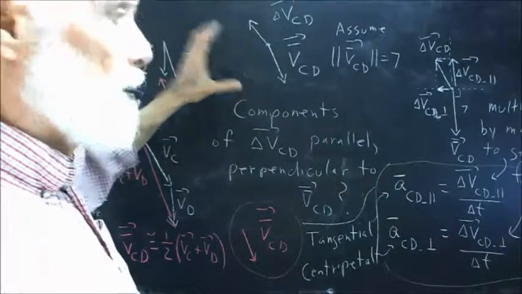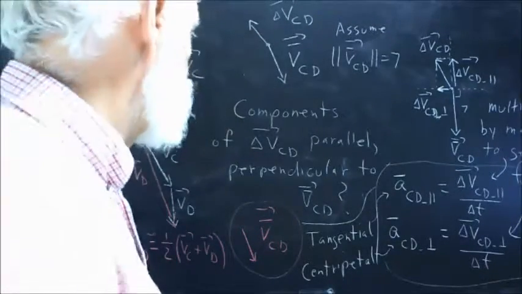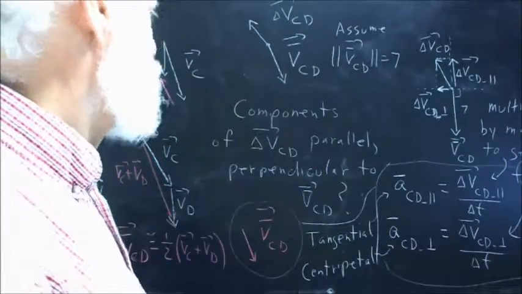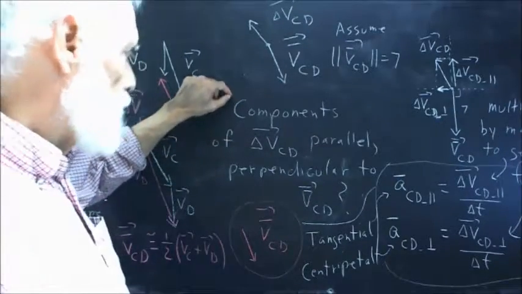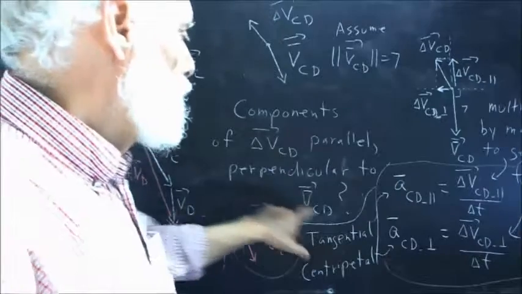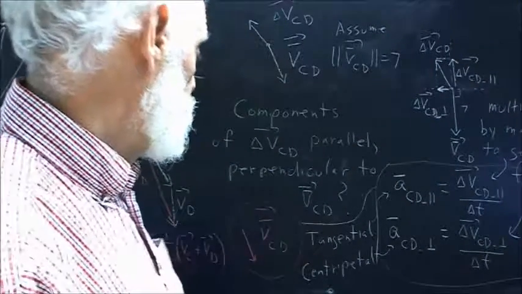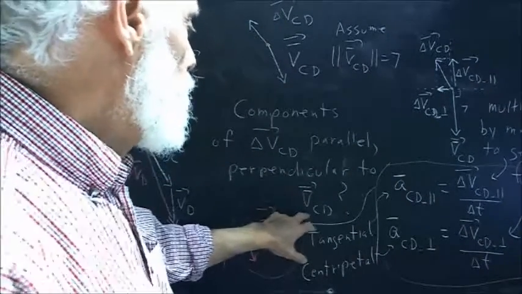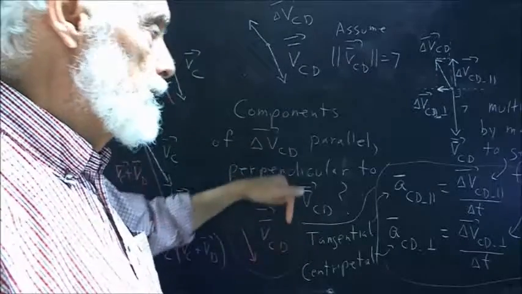Now, in order to get a grasp on what these vectors are telling us, we're going to estimate the components of delta VCD parallel and perpendicular to V bar CD. So, the change in velocity parallel and perpendicular to the direction of velocity.